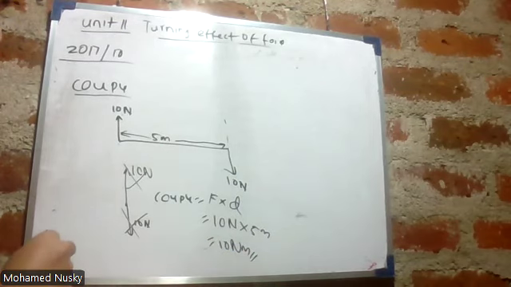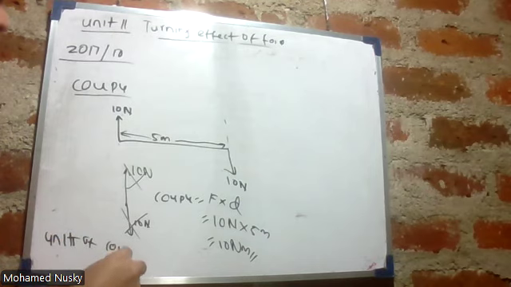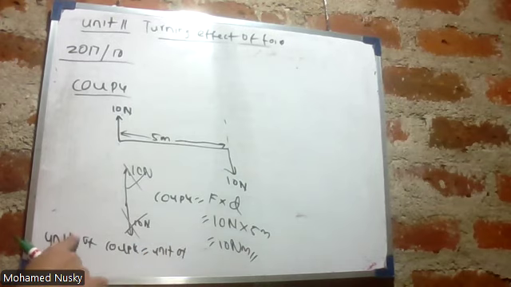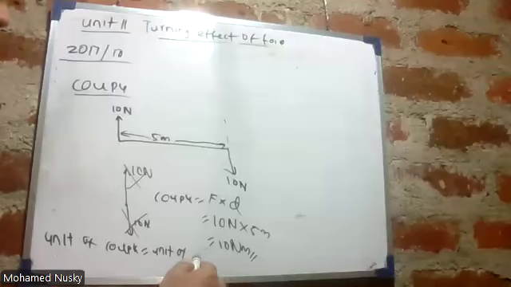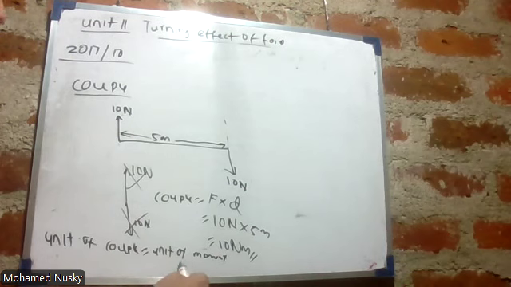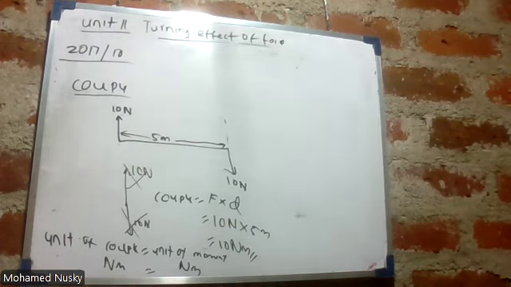Remember, the unit of couple is equal to the unit of moment. What is the unit of moment? That is also Newton meter. And the unit of couple is also Newton meter. Remember this. This is what is known as couple.